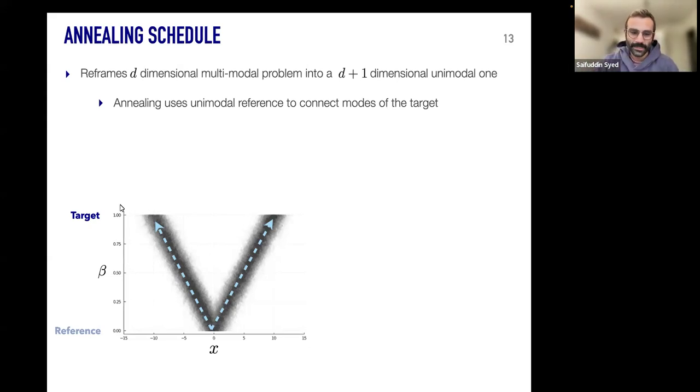So in this y-axis over here, beta represents our annealing parameter. At the top, you have our target, which is bimodal. At beta equals 0, you have a reference, which is unimodal. And you can see that the annealing path gives us a way of finding all of the different modes if we start off at the reference.